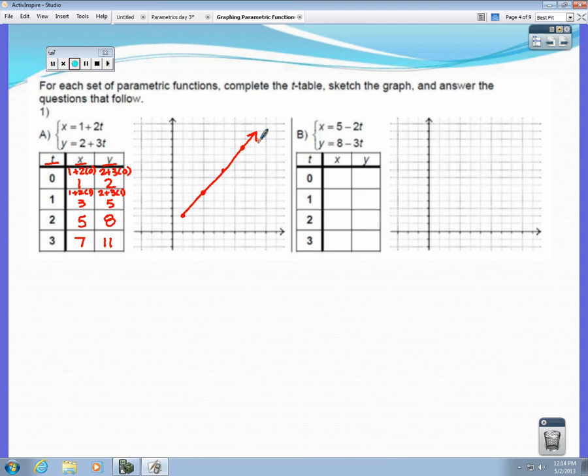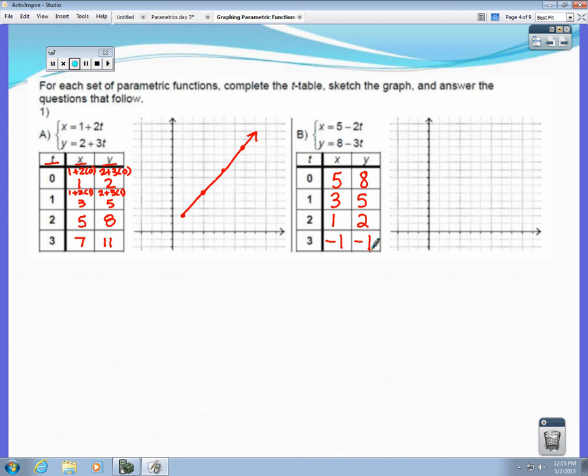So again, we're just going to plug these numbers in. When I plug in a 1, I'm going to come out with (3, 5). When I plug in 2 for the t's, I'm going to get (1, 2). When I plug in 3, I'm going to get (-1, -1).